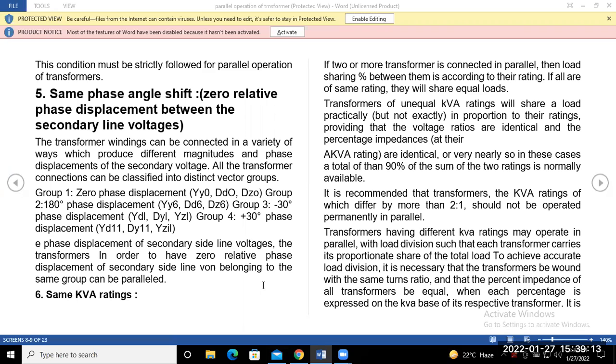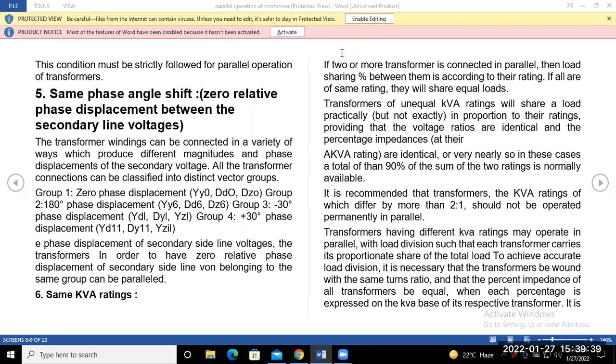Same kVA rating. If two or more transformers are connected in parallel, then the load sharing percentage between them is according to the power rating of the transformers. So if all have the same rating, they will share equal loads.